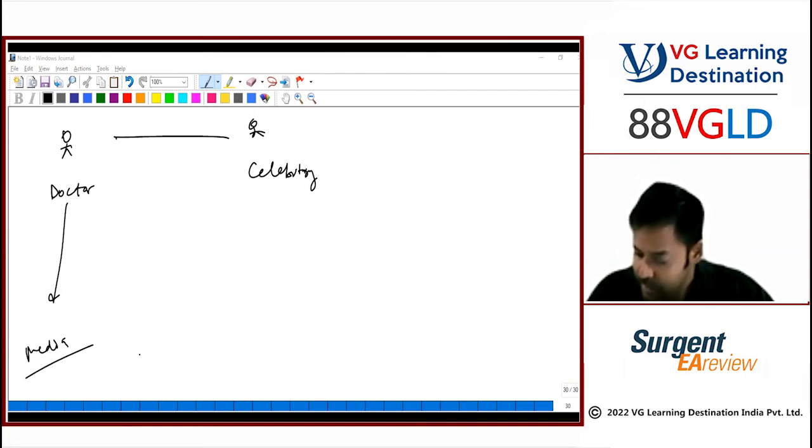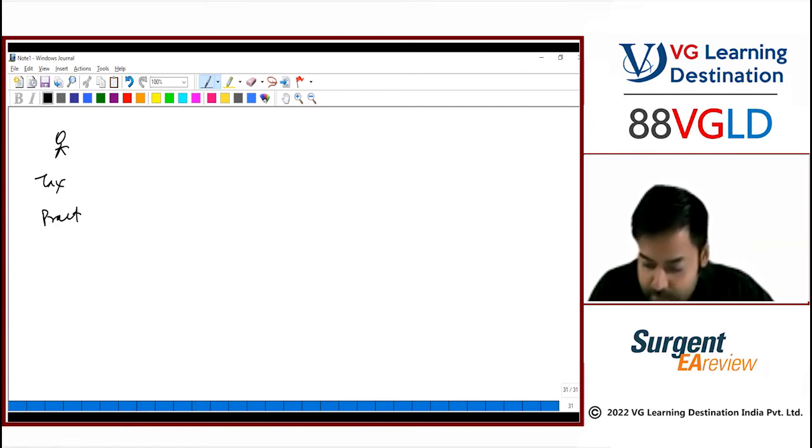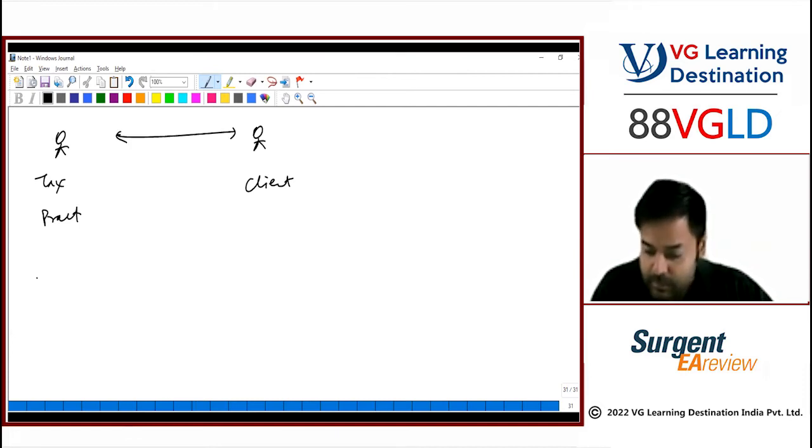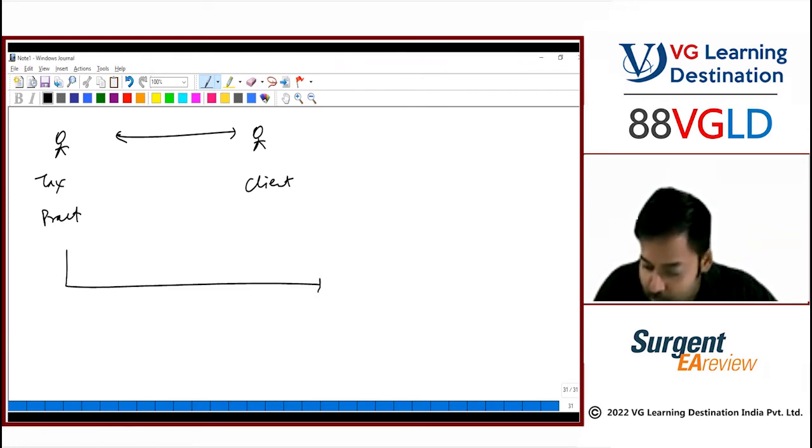Similarly, there is privileged communication between the tax practitioner and the client. In this case, you should not give this privileged information to the IRS.